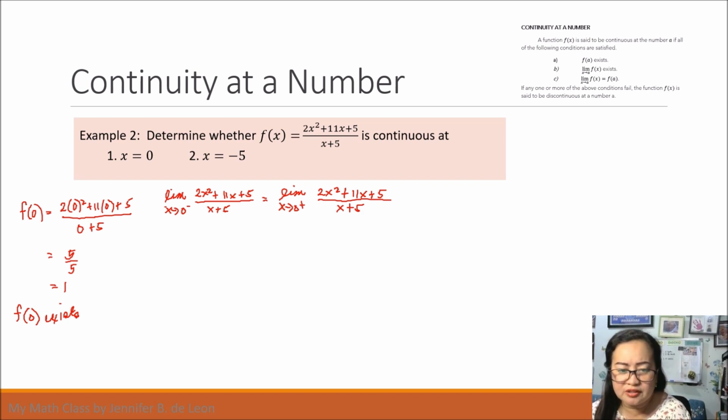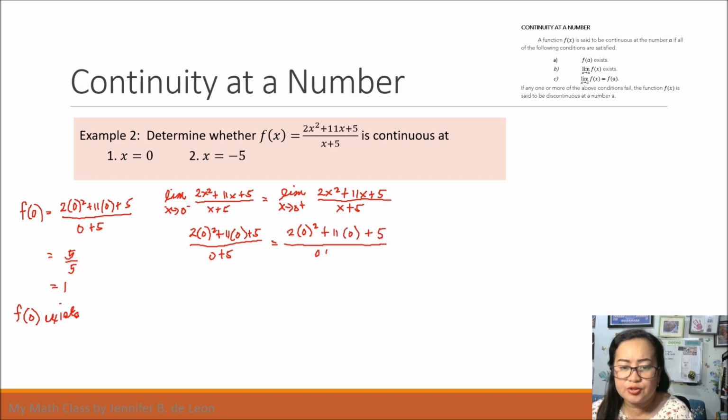So evaluating this, we will have 2 times 0 plus 11 times 0 plus 5. We will have 0 plus 5, and we need to show it's equal to this. We will have 0 plus 5 in the denominator. So simplifying this, we will have 5 over 5, and on the other side we also have 5 over 5.